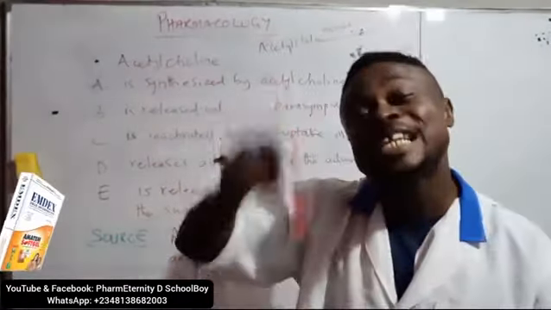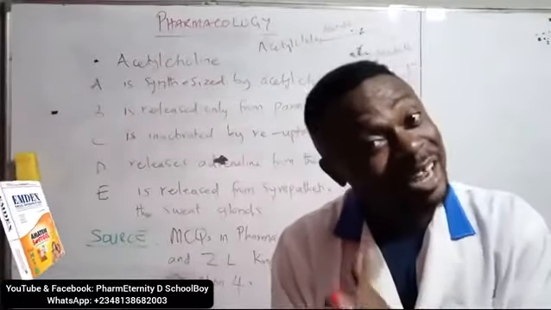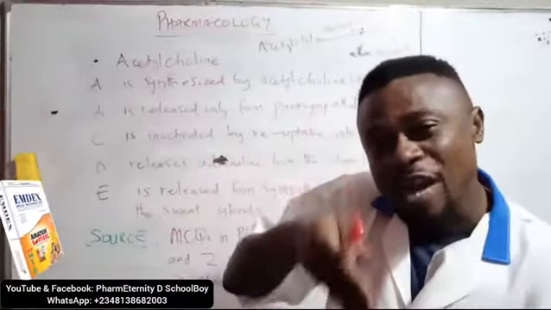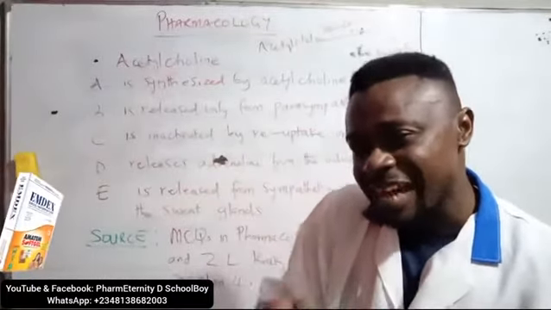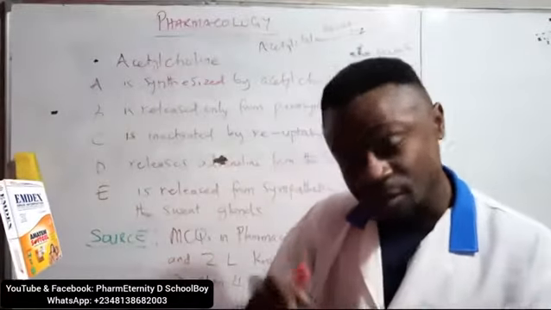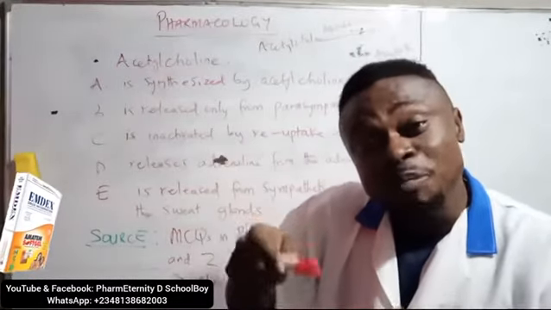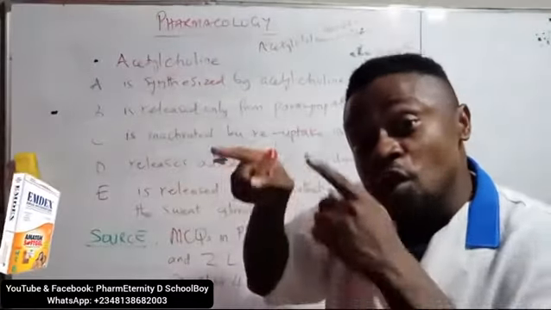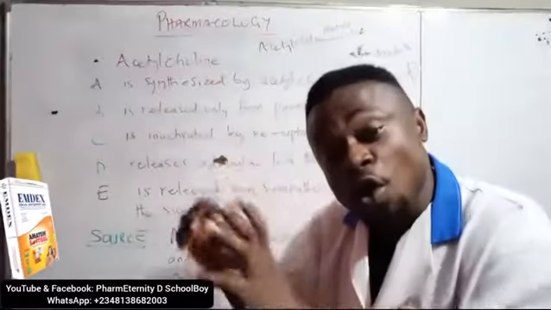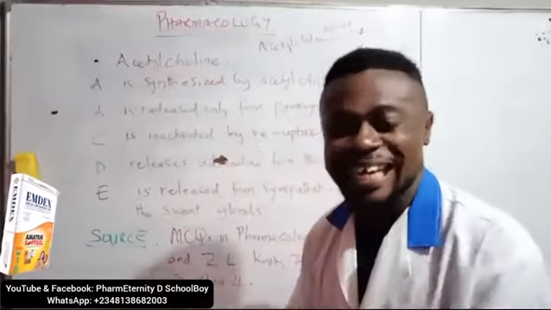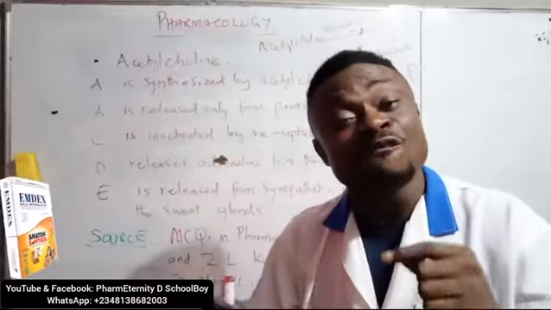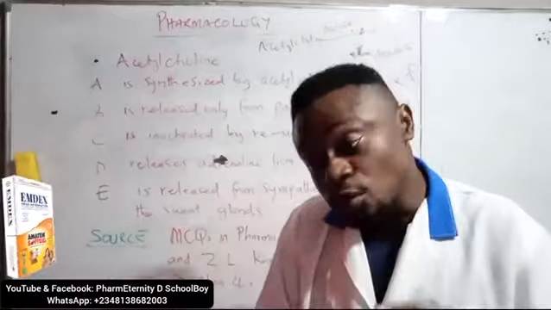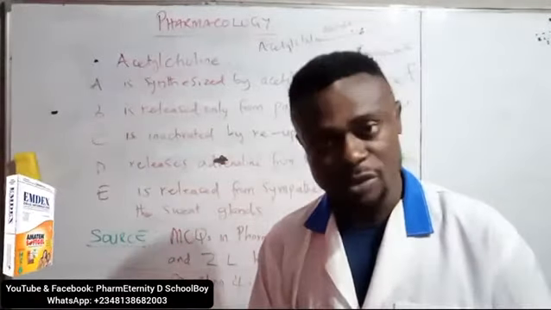Let me repeat myself. Acetylcholine is also released from, one, the central nervous system; two, the postganglionic sympathetic nerves to the sweat glands; three, the preganglionic nerves to all the autonomic ganglia; and four, the voluntary nerves to the skeletal muscles.